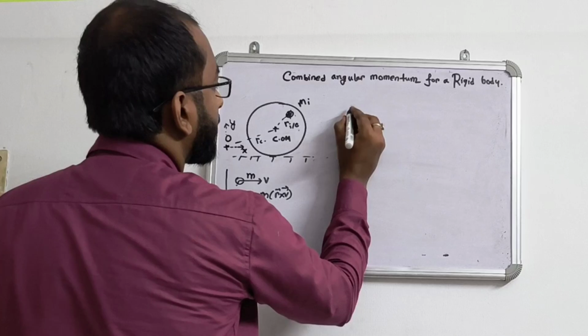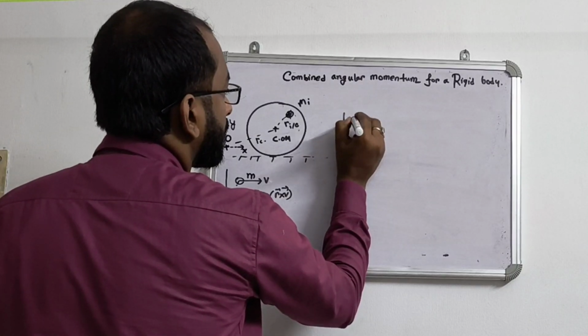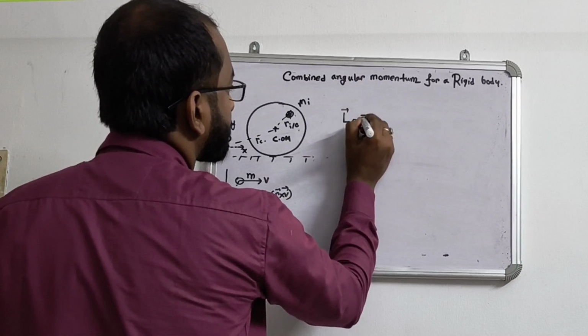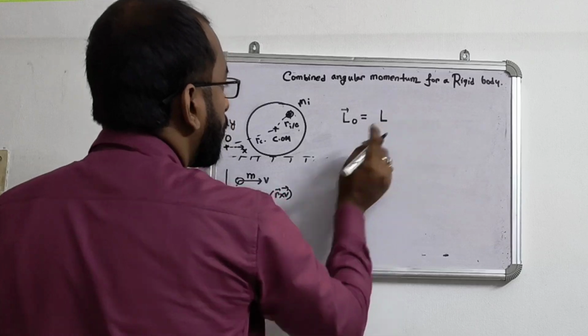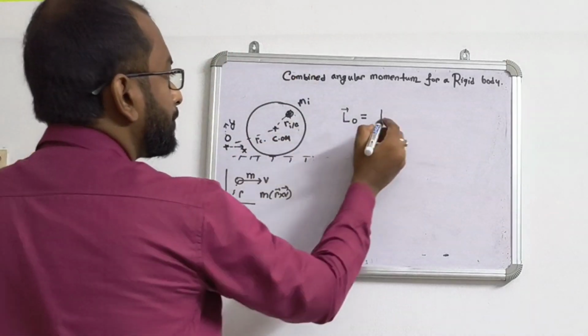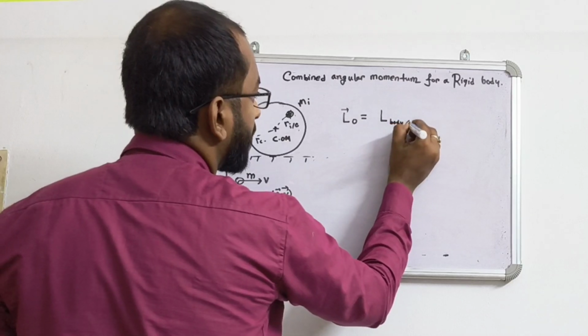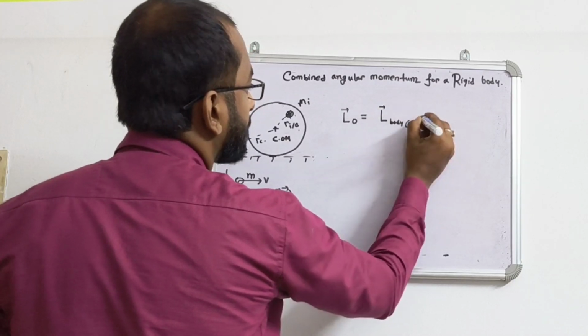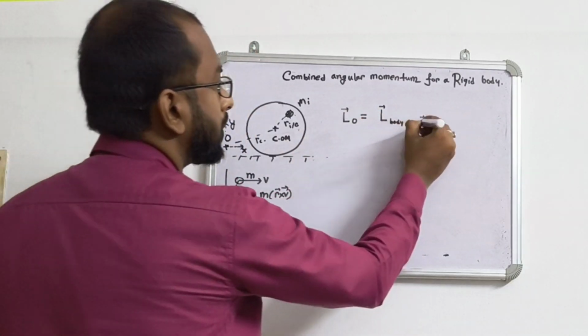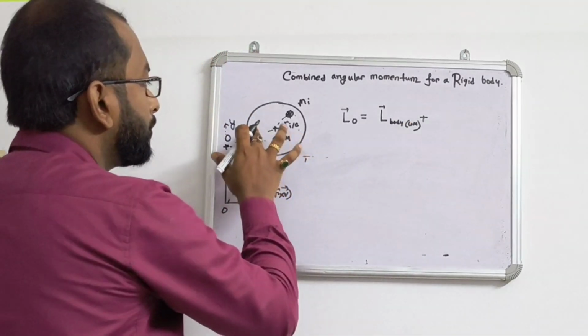So total angular momentum with respect to any fixed point will be the angular momentum of the center of mass, considering it is a particle of mass m, plus the angular momentum with respect to the center of mass.